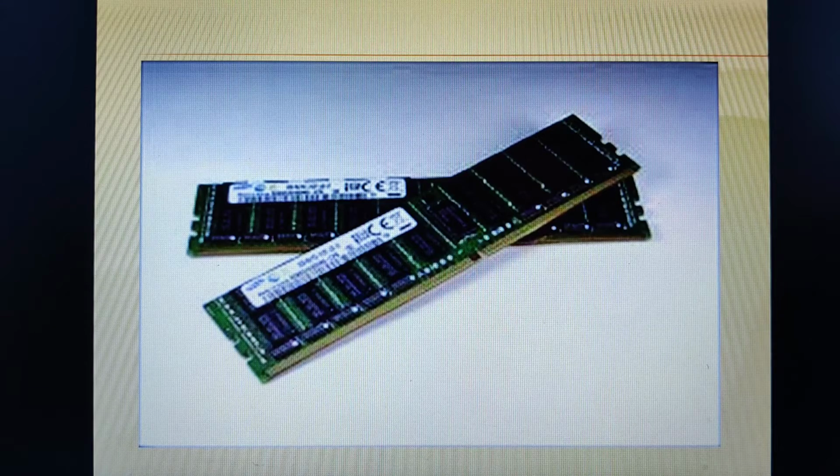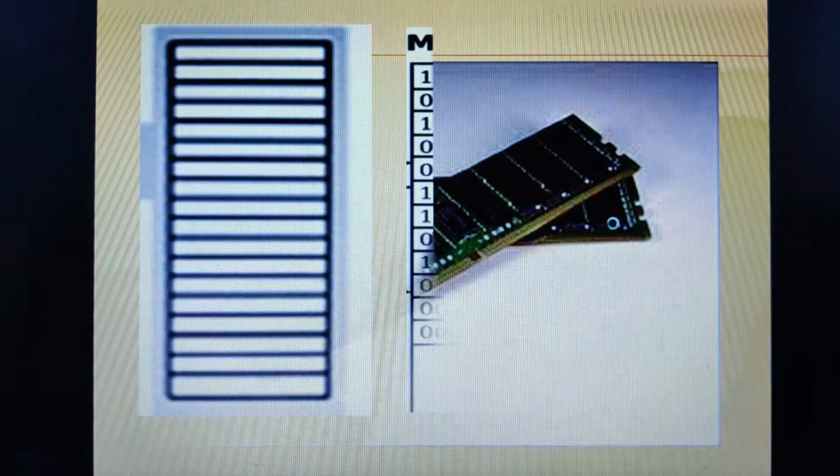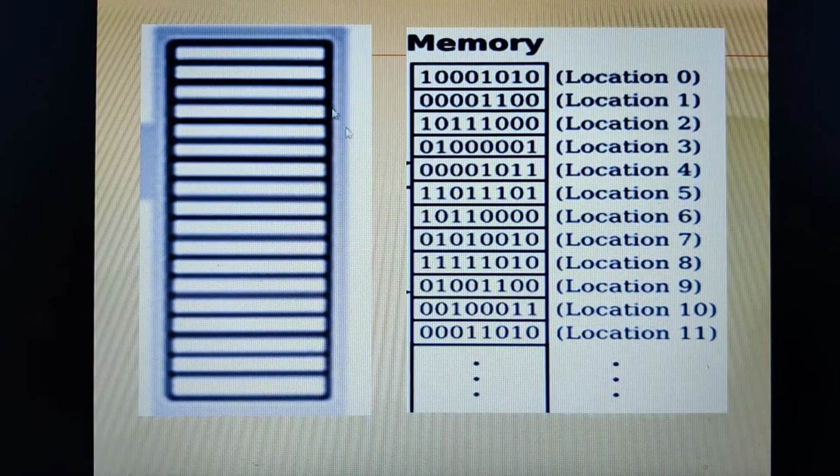Alright. So in RAM, every bit of memory space is identified by a unique number called an address. You can see here the memory unit has a number of storage locations. Each one of the cells, or each one of the storage locations, is identified by a unique address called the cell address or the memory location.